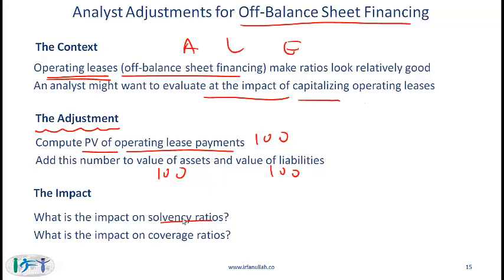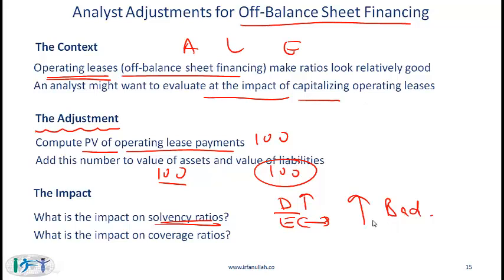If you look at solvency ratios such as debt to equity, when a company shows 100 more as liabilities, that means the debt part is going up. Equity is the same because both assets and liabilities are going up. So notice that the overall solvency ratio is going up, which is a bad sign or a negative sign.